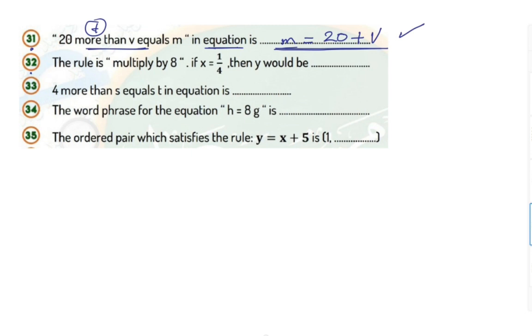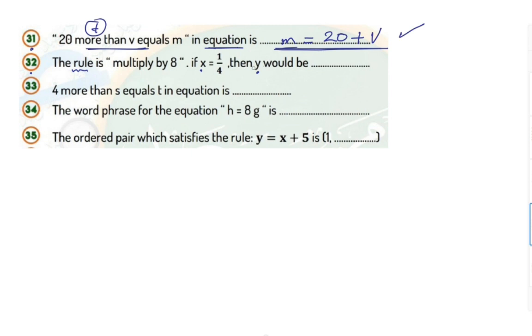Next point, 32, the rule is multiply by 8. What is the rule? That's the equation. If x equals 1/4, then y would be what? We used to put x as the independent, so x is the independent and y is the dependent.